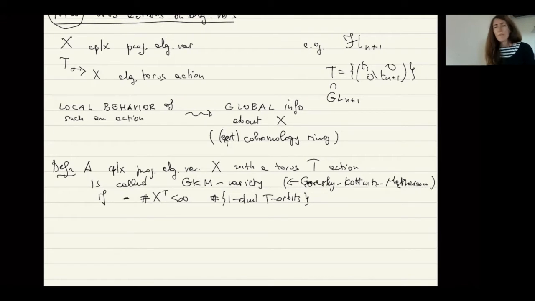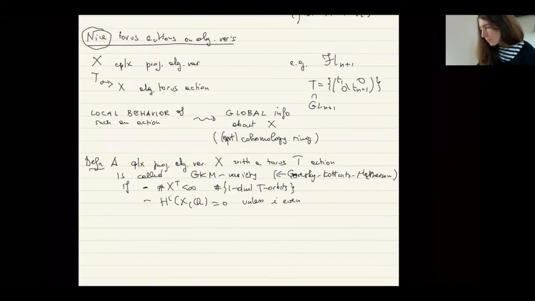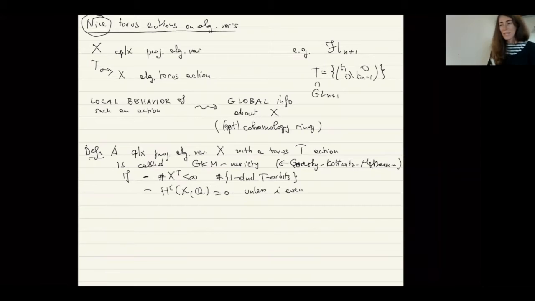You can get rid of it and still the theory can go through, but we assume that for today. And then I want the odd cohomology groups with rational coefficients to vanish, as well as H^i being zero for i odd. All right, so that's what for me today a GKM variety is.